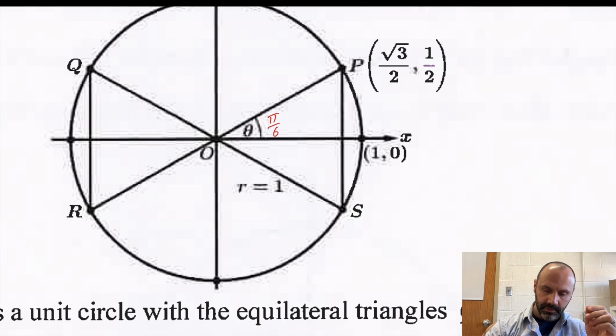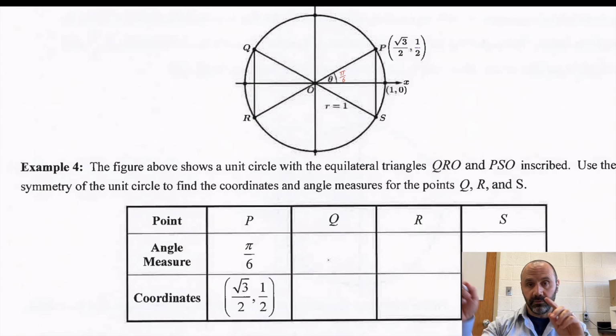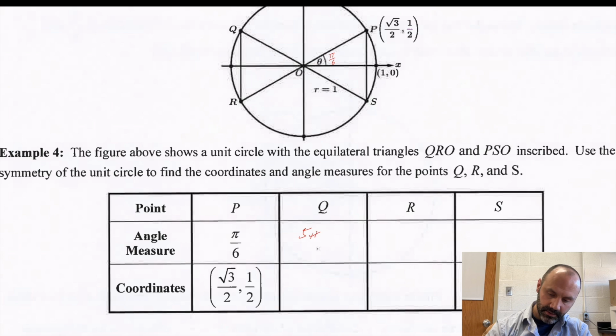Pi over 6 radians, 30 degrees. And so we can use symmetry for these other points, Q, R, and S. So Q and R, so we got pi over 6, then we have 5 pi over 6, and then R is going to be 7 pi over 6, and this is going to be 11 pi over 6.